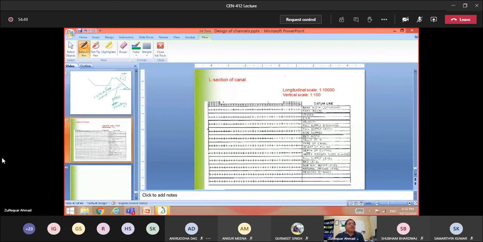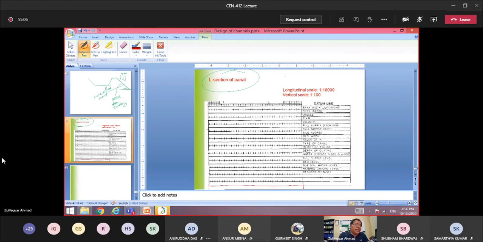The last one is that once you have designed the canal, you have to prepare an L section of the canal. In the L section, on the x-axis you draw the distance.